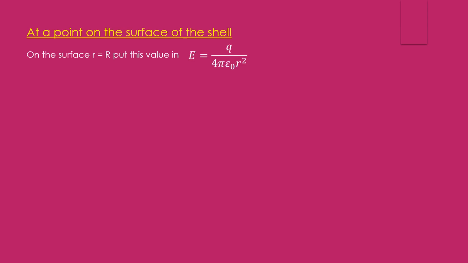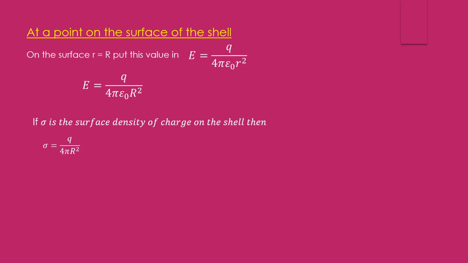If sigma is the surface density of charge on the shell, then sigma equal to Q upon 4 pi R square, charge upon surface area. So Q equal to sigma 4 pi R square. When we put this value of Q here, we will get E equal to sigma upon epsilon naught. Sigma is constant, epsilon naught is also constant, so electric field will be constant.